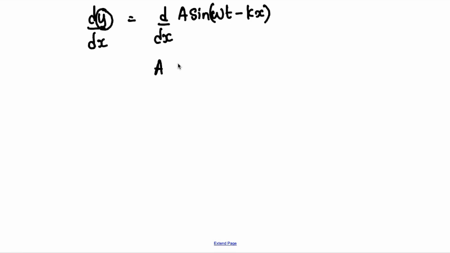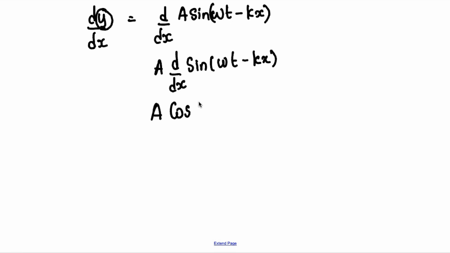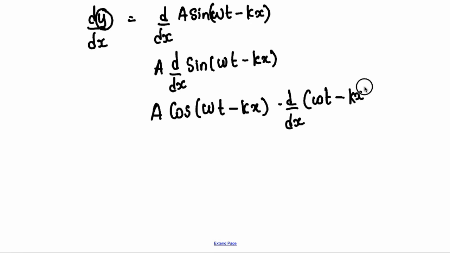Taking a as a constant out of the differentiation, d by dx of sin(omega t minus kx) gives the differentiation of sin theta, that is cos(omega t minus kx), but we also have to differentiate the function associated with theta.